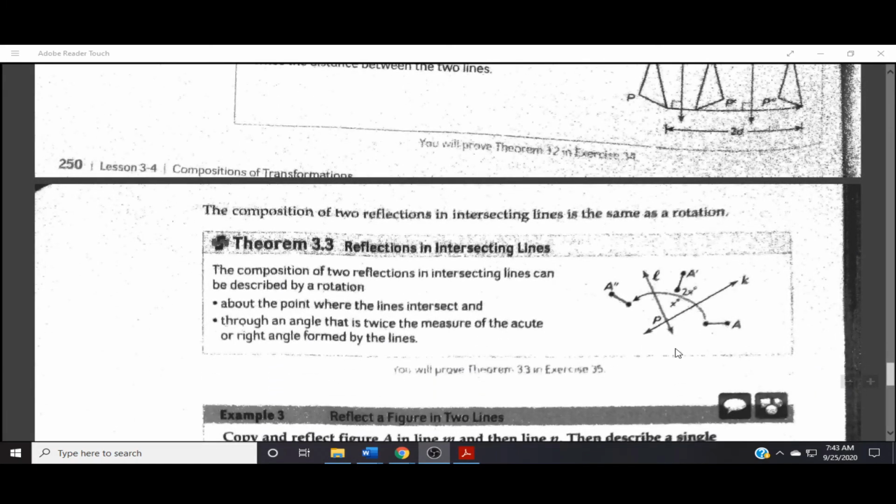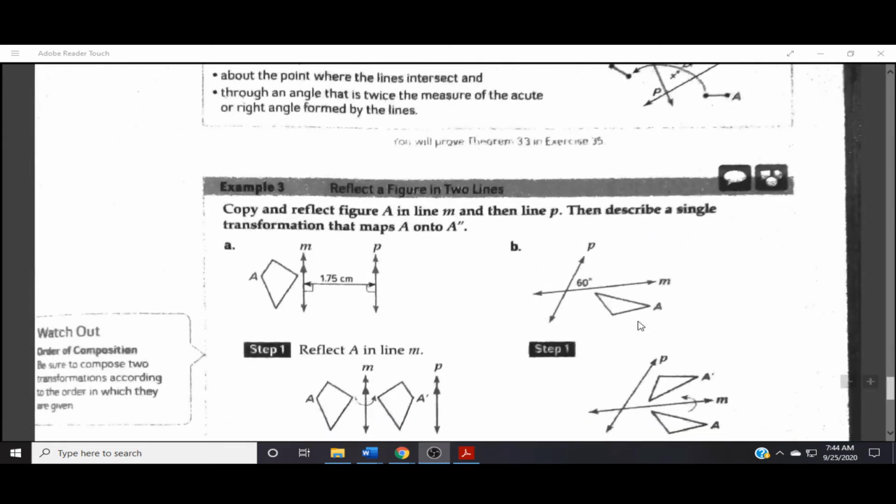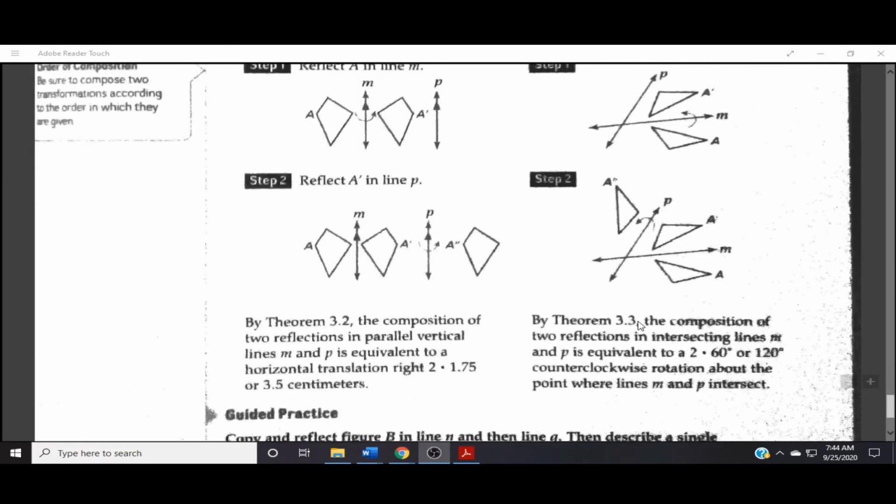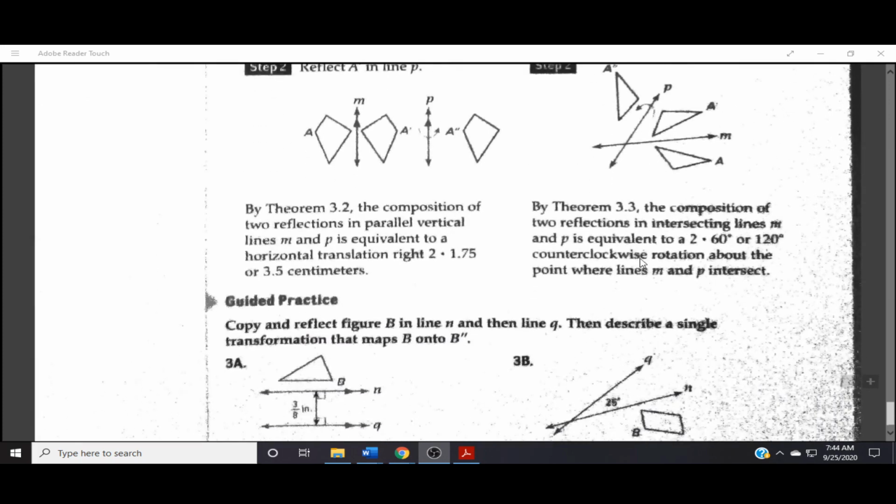Reflections in intersecting lines. A composition of two reflections in intersecting lines can be described by a rotation about the intersection point, by twice the angle. So if you reflect it twice, it can be seen as one rotation that's double the angle.